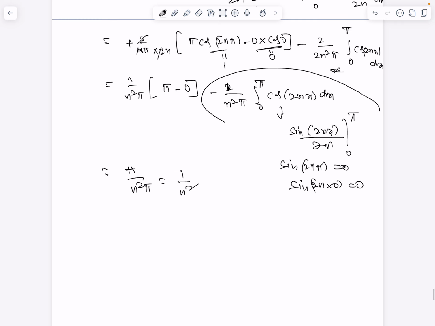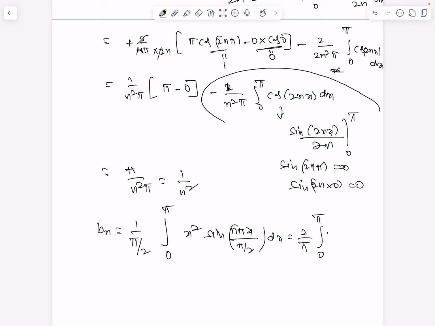Similarly, you have to calculate the bn value, like 1 by L, where L is pi by 2, the integration is 0 to pi, and f of x is x square, and sin n pi x by pi by 2 dx, which is equal to 2 by pi and the integral from 0 to pi of x square sin 2nx dx.